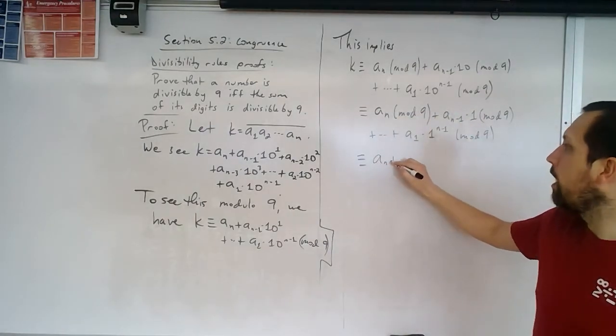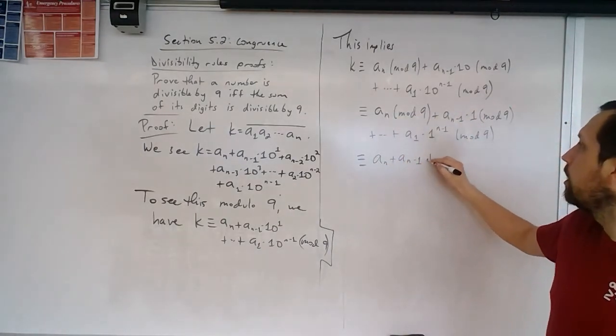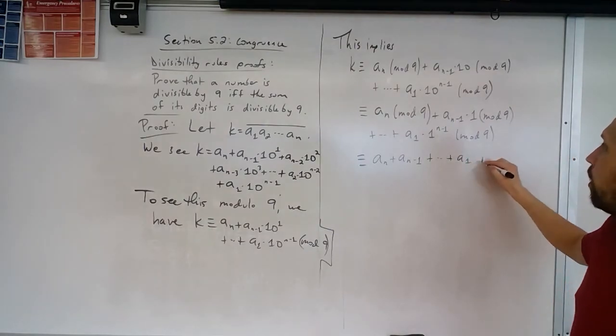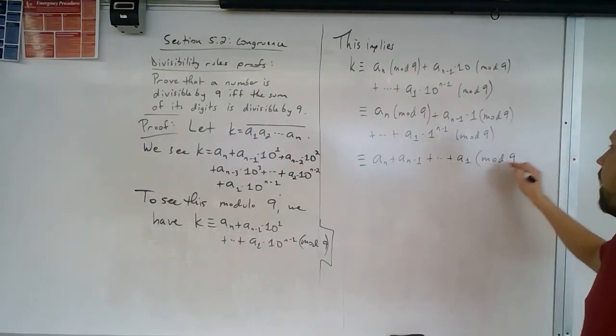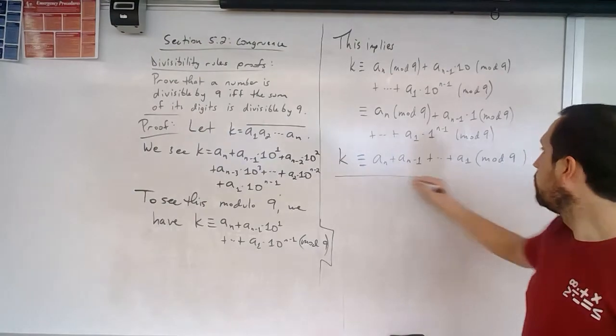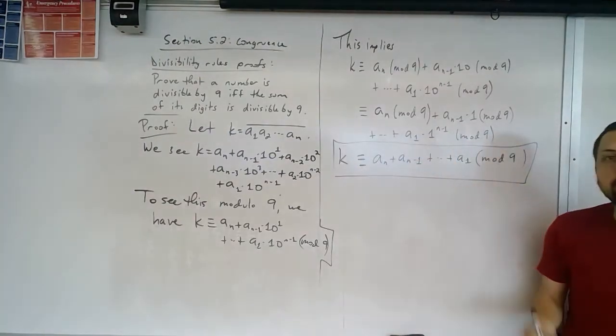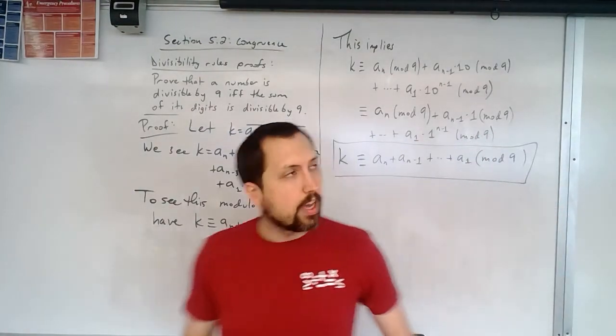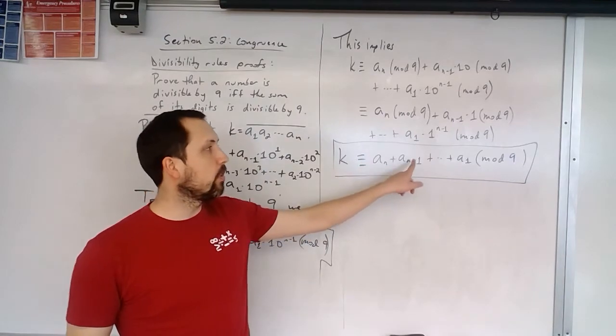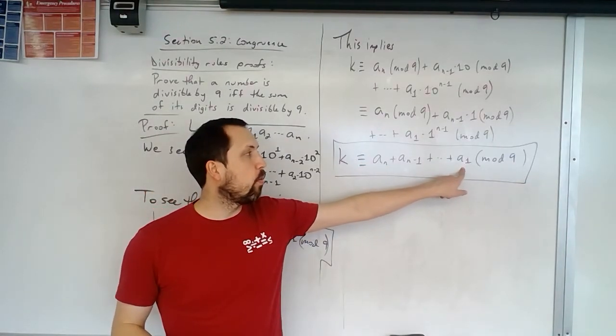So I'm going to have a sub n plus a sub n minus 1 plus a sub 1 mod 9. So I have this statement here. So k is congruent to a sub n plus a sub n minus 1 plus all of these down to a sub 1 mod 9.